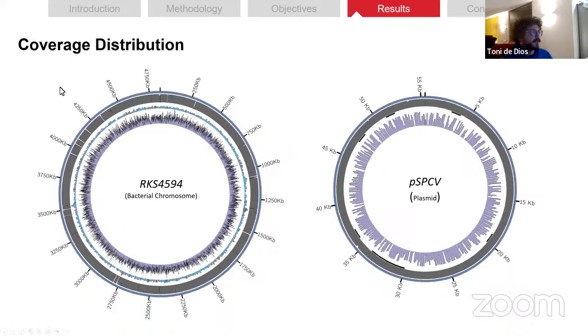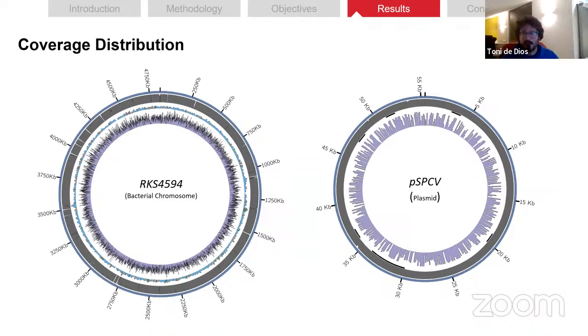This is a representation of the Paratyphi C reference genome, and in this inner ring, we see how our reads are mapping against the reference. We see that the distribution of those mapped reads is quite even along the reference genome.